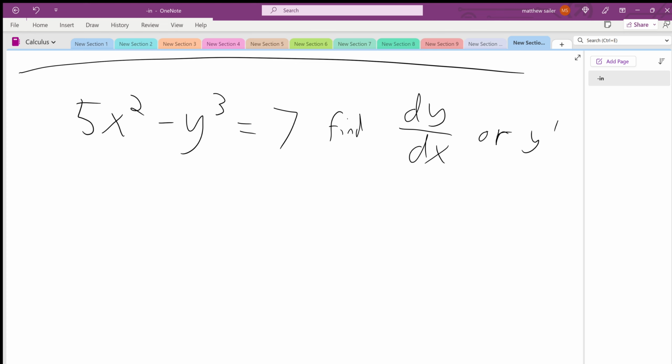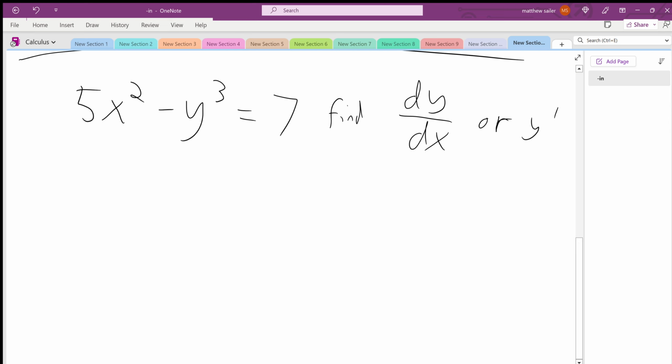At first, this could look a little challenging, but all you're doing is just taking the derivative of each side of the equation. So let's work through this one. So we want to find dy over dx, and the first step is to just take the derivative of each side.